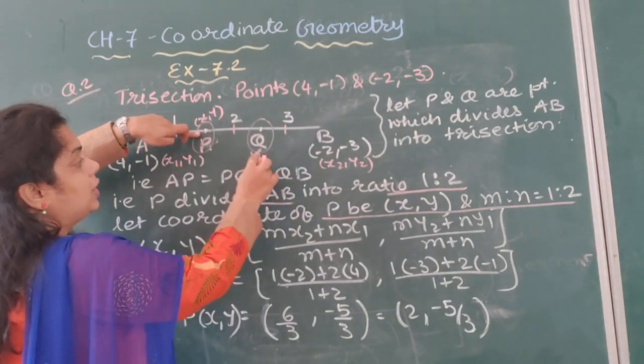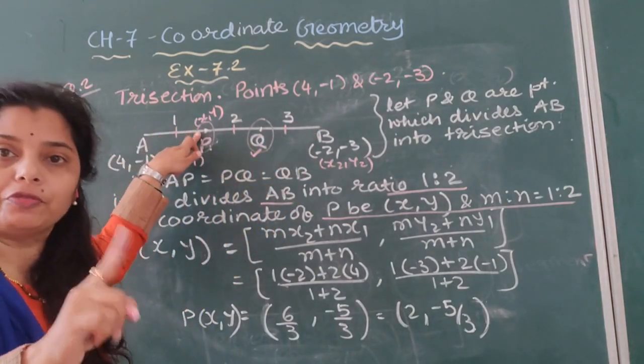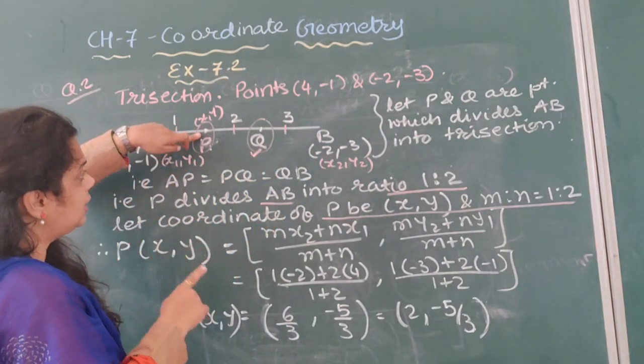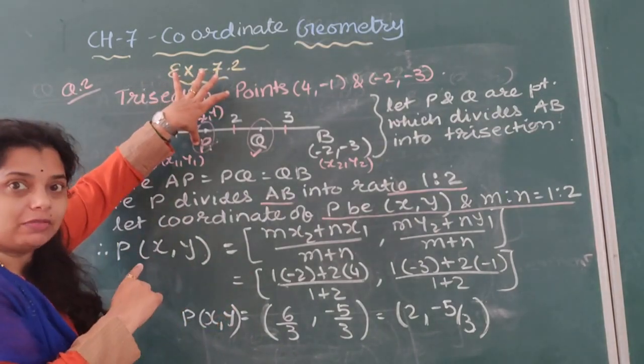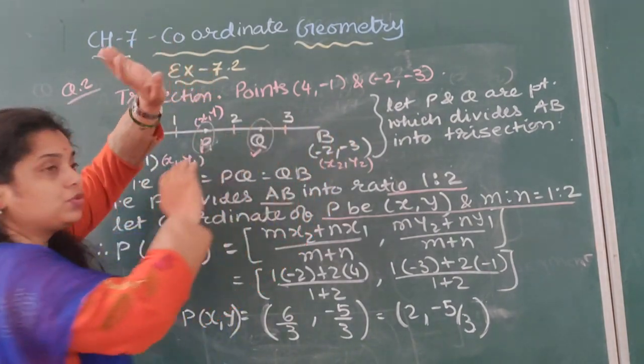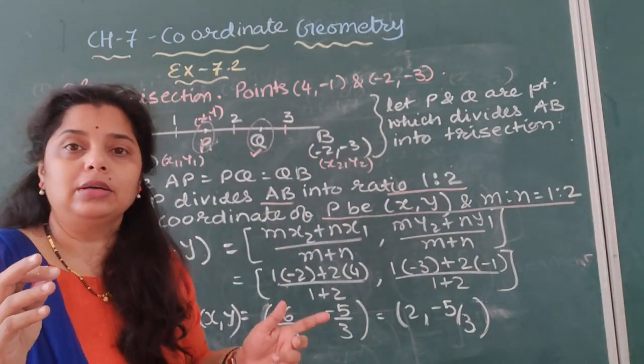So now you can use the midpoint formula, taking the coordinates of P as x1, y1 and B as x2, y2, or vice versa.